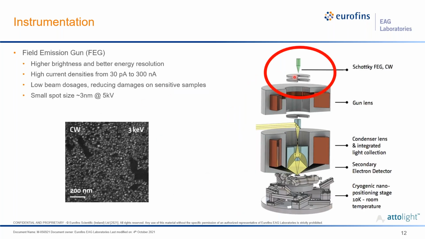Just to go over this system quickly, the Adelaide system has a Schottky FEG. This provides very high brightness and good energy resolution. We have high current densities ranging from 30 picoamps up to 300 nanoamps. This allows for lower beam dosages on certain sensitive samples, reducing damage, and then a fairly small spot size, 2 to 3 nanometers at 5 kV.